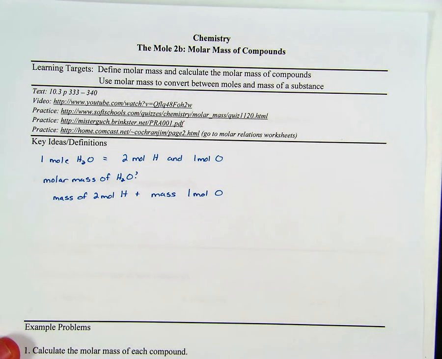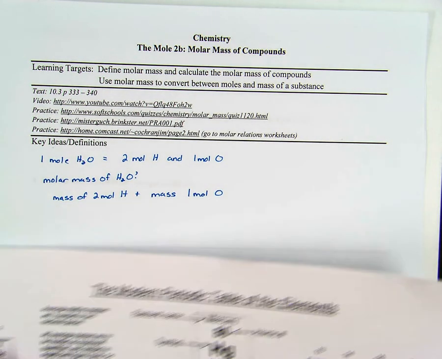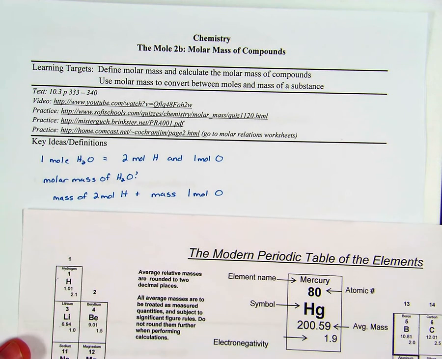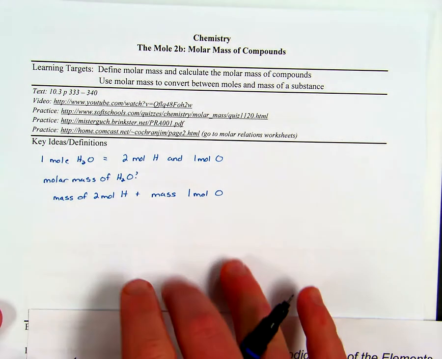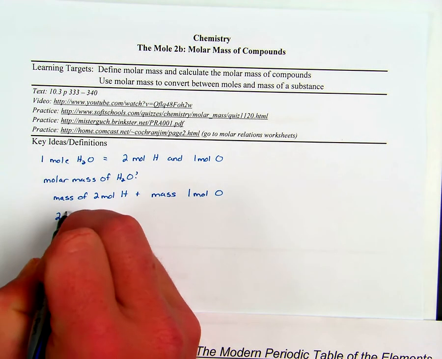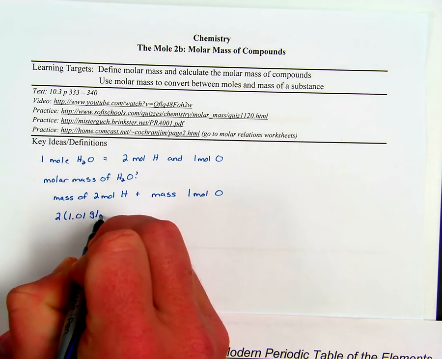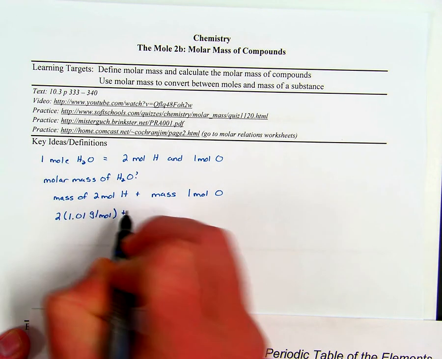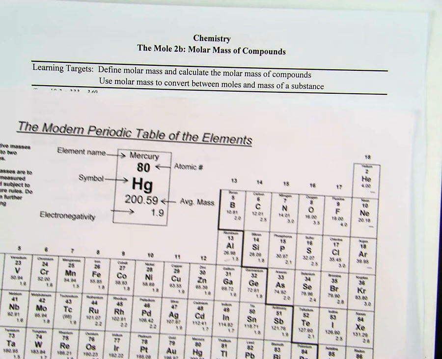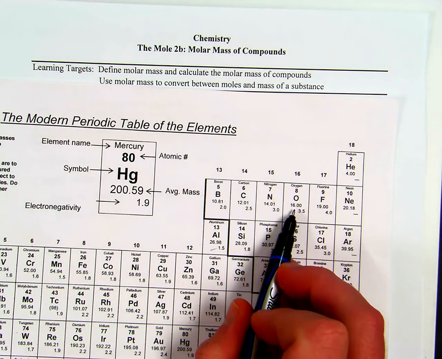So if you look at your periodic table, here's hydrogen, 1.01. To calculate the molar mass of water, I would just take 2 times the molar mass of hydrogen, which is 1.01 grams per mole, and I would add to that the mass of 1 mole of oxygen, and here's the molar mass of oxygen, 16.00.